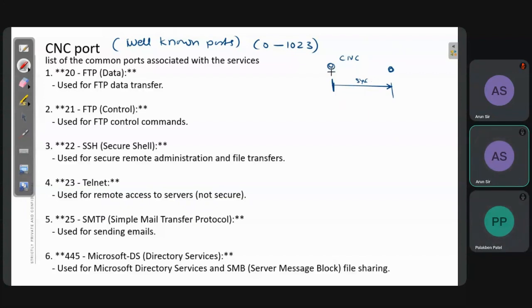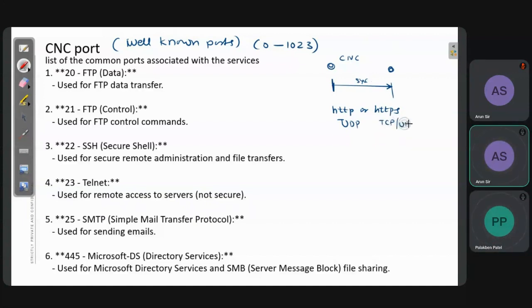TCP and UDP are actually offering services like HTTP or HTTPS. All these things are available in the seven-layer architecture or the TCP/IP protocol, so it is mentioned there. When we use TCP or UDP, here you can use UDP, but if it is HTTPS, we have to strictly use TCP.